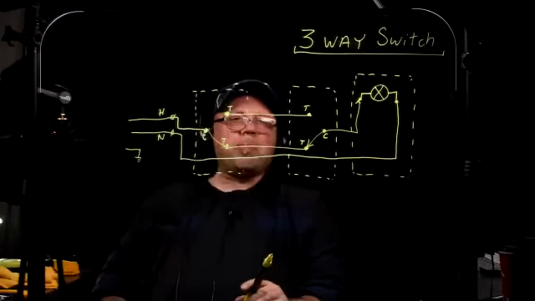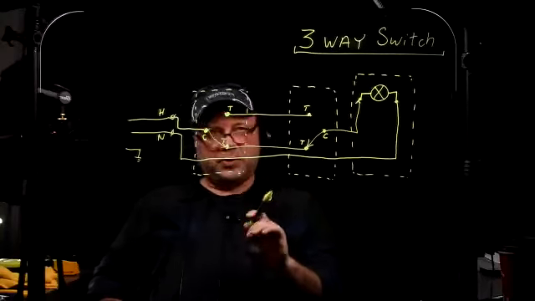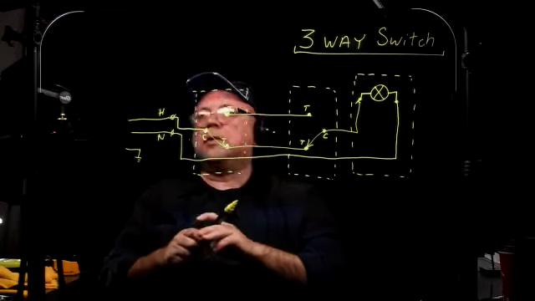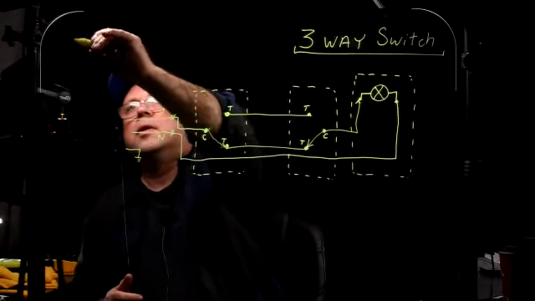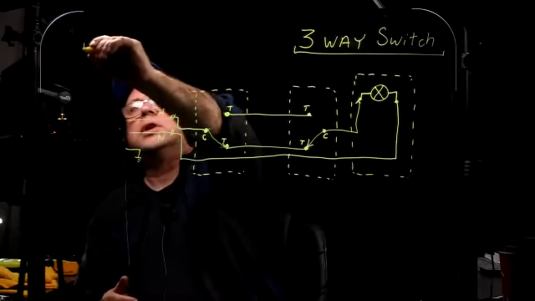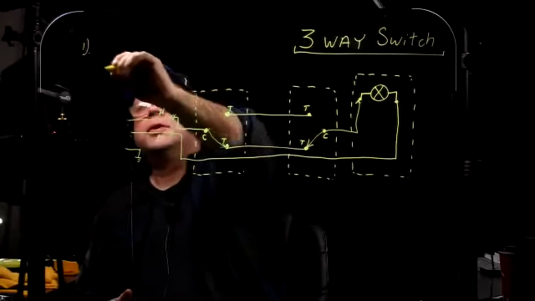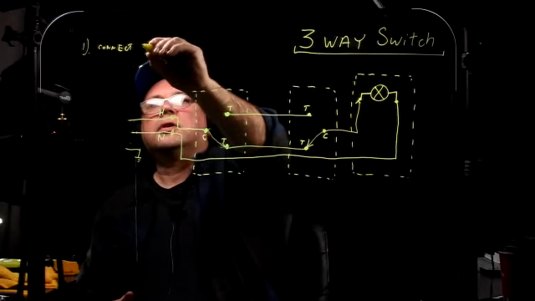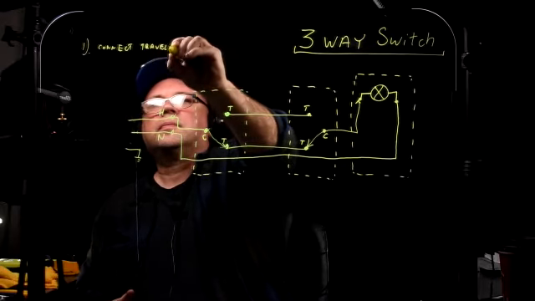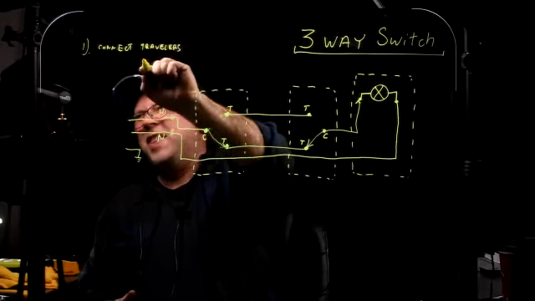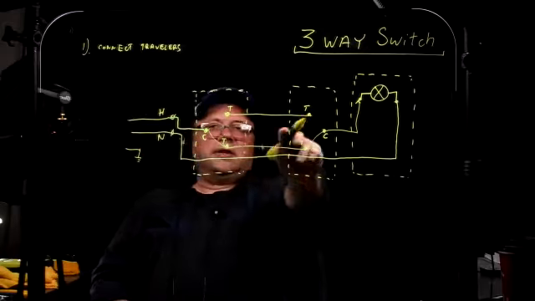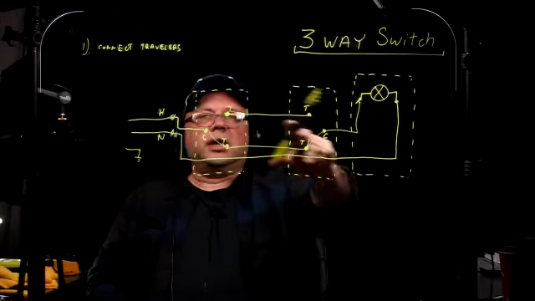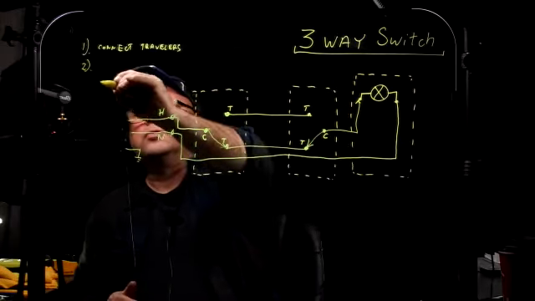So just as a review of this particular scenario, what was the first thing that we did? First, connect travelers. We connected the travelers. Okay? And then connect one common to the light bulb, or to the load.